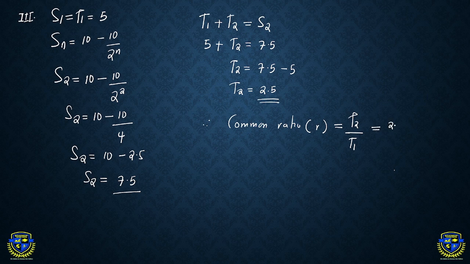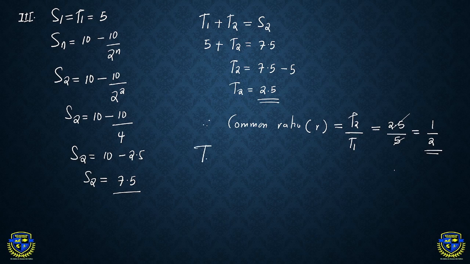Our T2 being 2.5, our T1 being 5, 2.5 divided by 5, we're going to say 1 over 2. So that means this is our common ratio. Now that you have your common ratio, we can find the remaining terms. We have the first term, which is 5, and the second term, which is 2.5. Therefore, let's go to the third term.